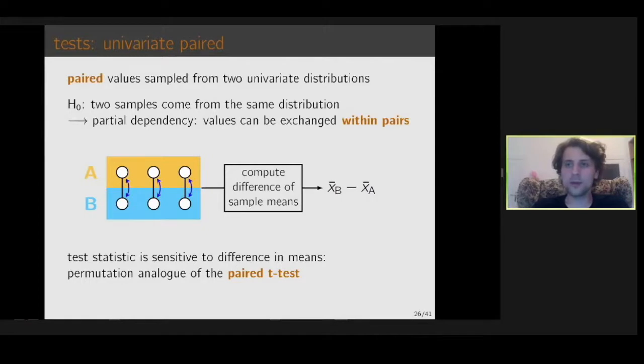But now there is a partial dependency, because these two values in a pair belong to each other, so values can only be exchanged within pairs. We would then again compute the difference in sample means, such that this is the permutation analog to the paired t-test.